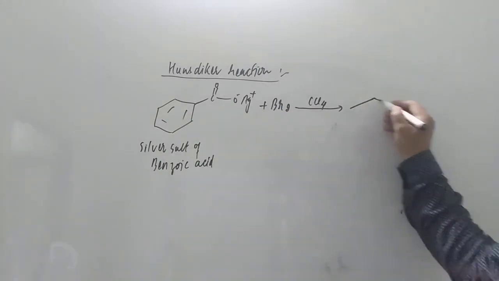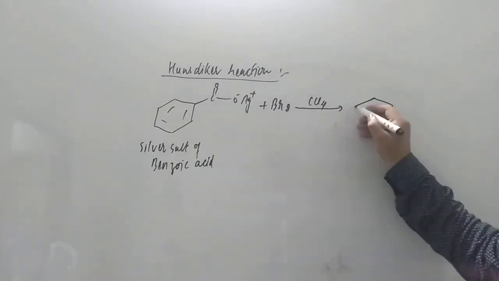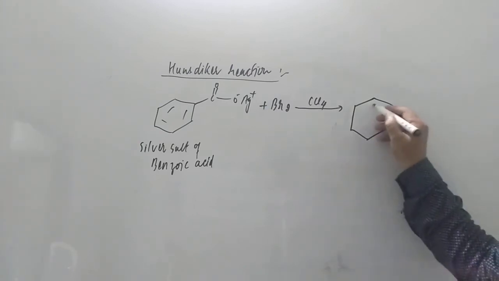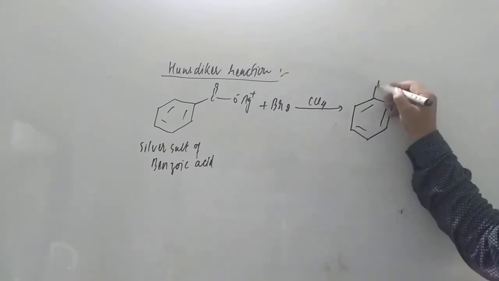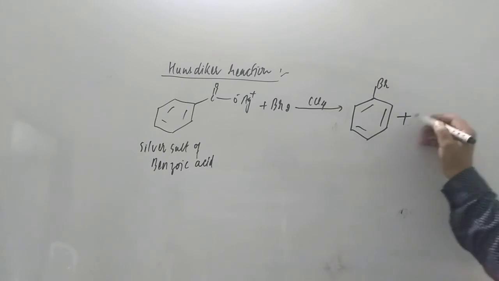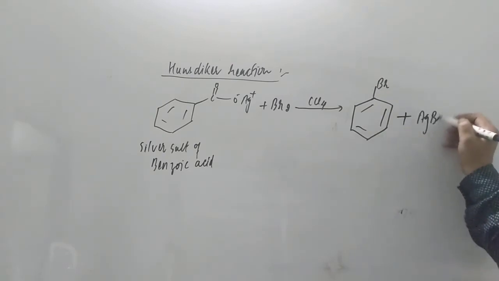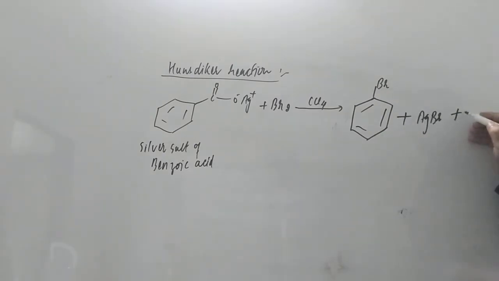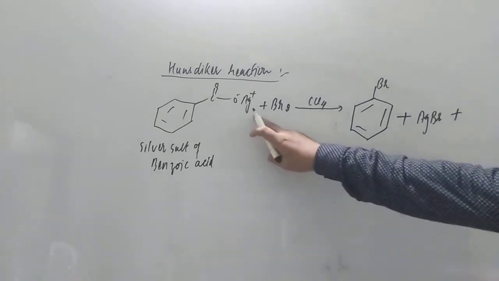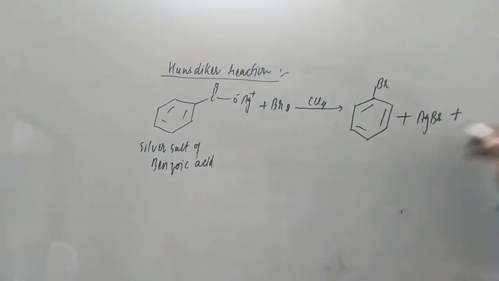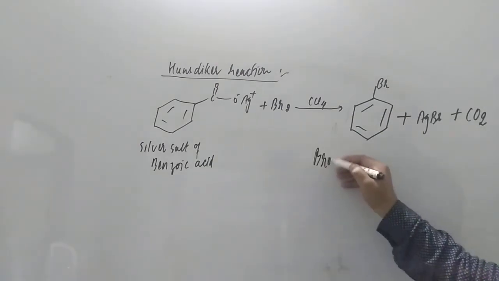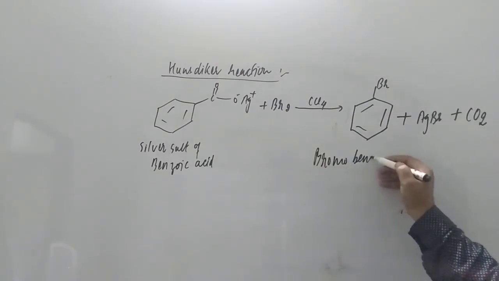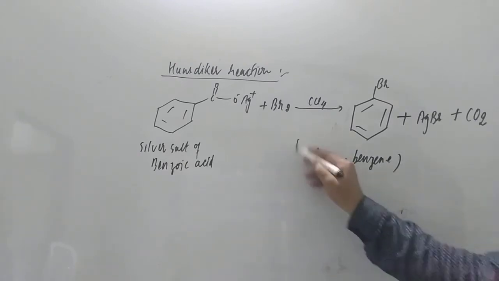The COOAg group gets out, and bromine is added here. One compound is AgBr, and another compound left is carbon dioxide. This is known as bromobenzene. This whole reaction is known as the Hunsdiecker reaction.